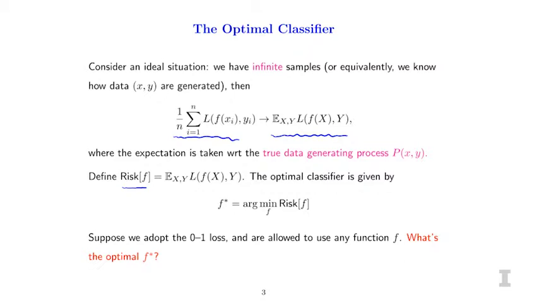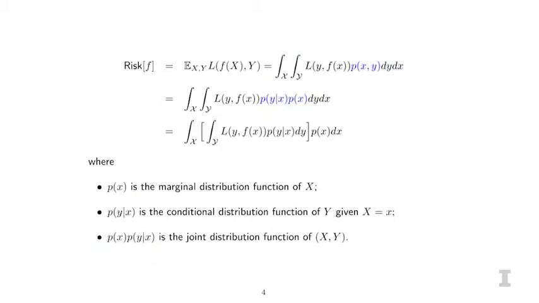Next, let's look at the risk function and see how we're going to find f star that minimizes it. So the risk function is defined to be the expected loss, where the expectation is over the joint distribution of x and y.